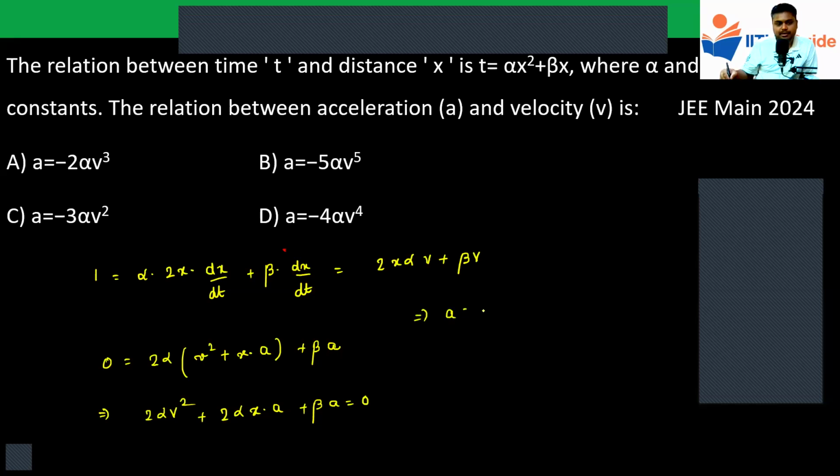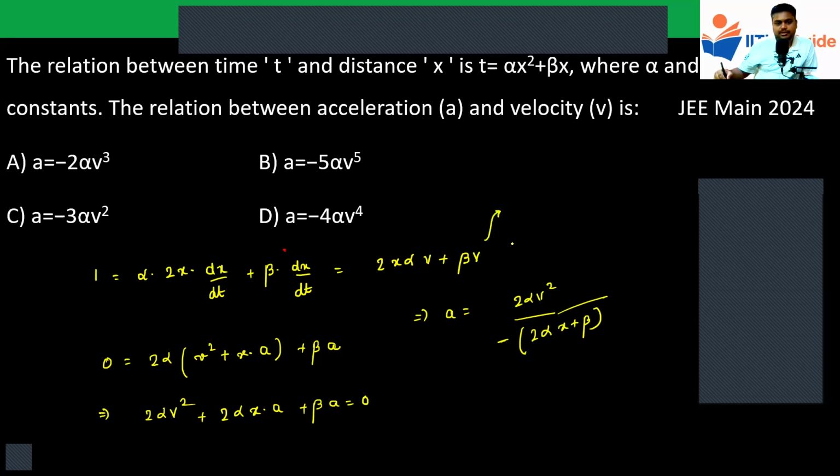So therefore a becomes equal to 2 alpha v square divided by minus of 2 alpha x plus beta. Is it clear?